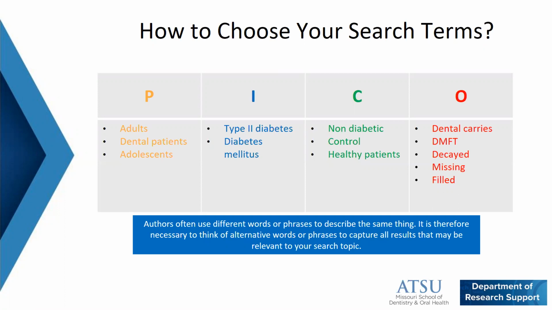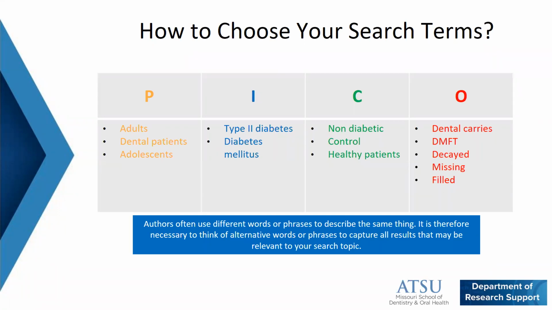So for example, for P, the population or patient, you can look for adults, you can look for dental patients, you can look for adolescents, and you can add whatever term you find relevant. For I, you might search for type 2 diabetes or diabetes mellitus, and similarly for C, you could look for non-diabetic, control, or healthy patients.